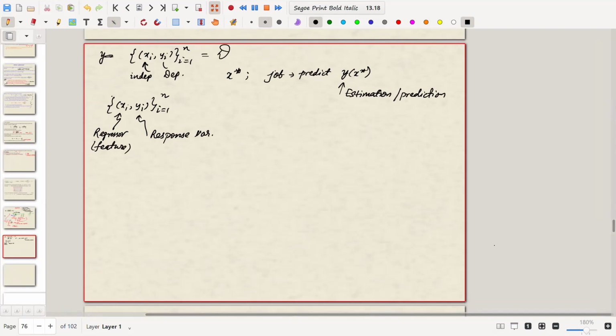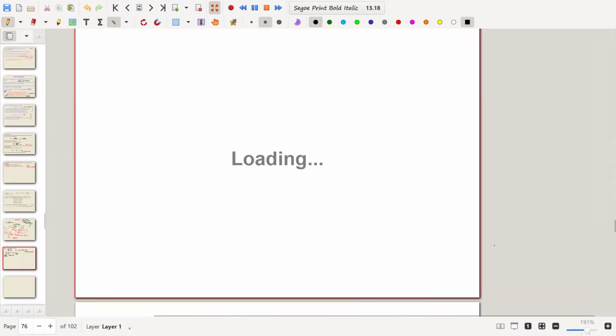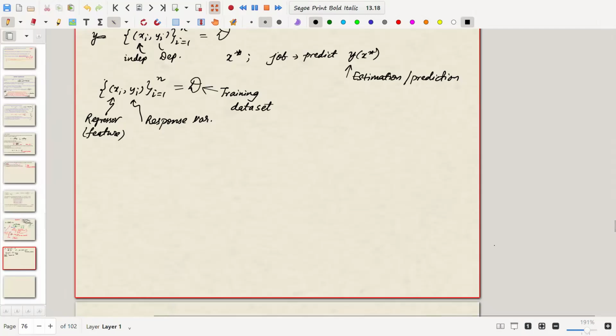This is just terminology, and this D is referred to as the training data set. So we are learning from the data that is given to us.